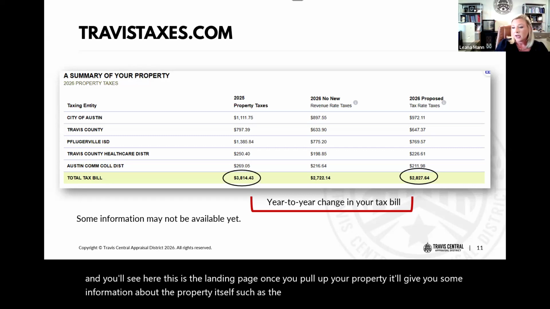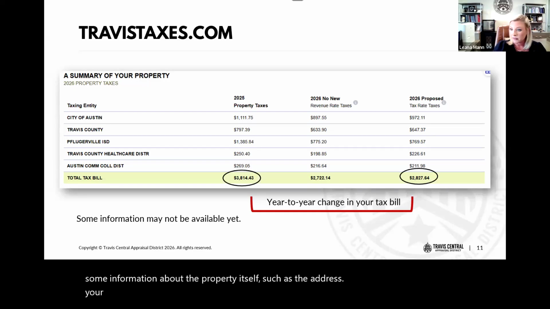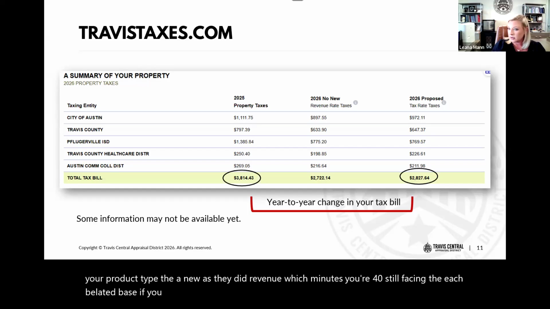So you can see here, if you just look at the difference between the 2026 proposed and the 2025 taxes you paid, in this example, the taxes are actually being proposed at a lower amount than last year. But you can see this no new revenue rate, which we'll explain further, it's actually lower than the proposed rate. So in this scenario, this no new revenue rate is the rate that would give them the same amount of revenue as last year.